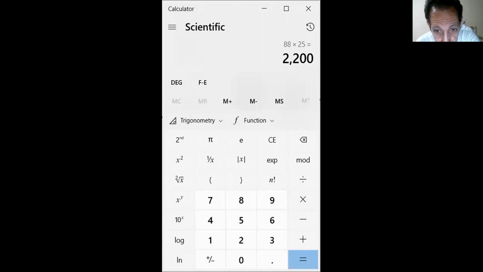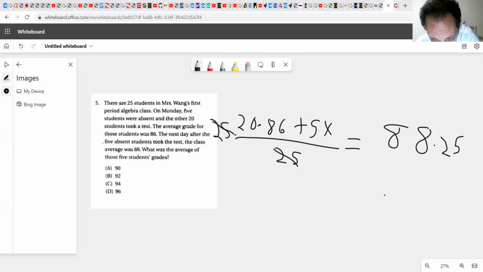88 times 25 is 2,200. So it's 2,200, and that's all equal to 20 times 86.